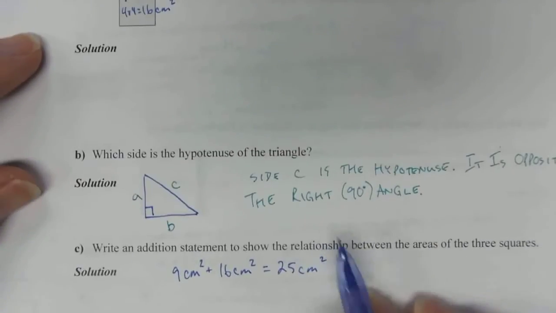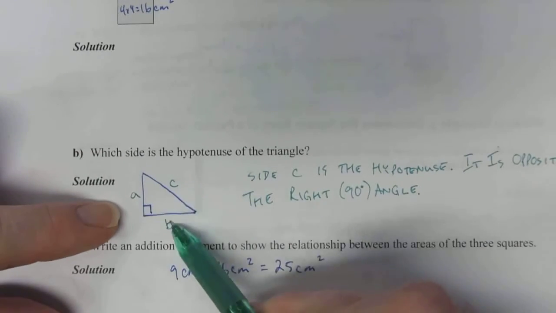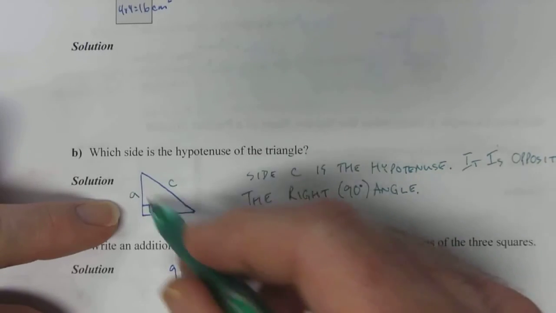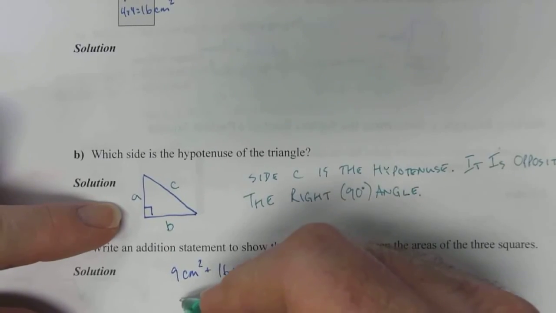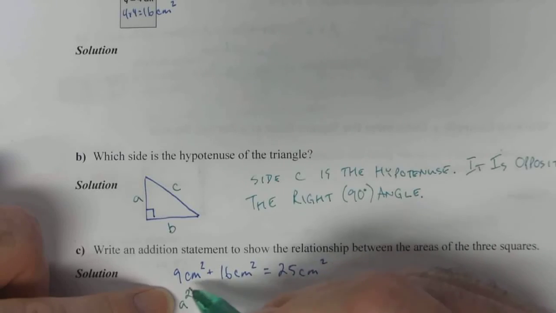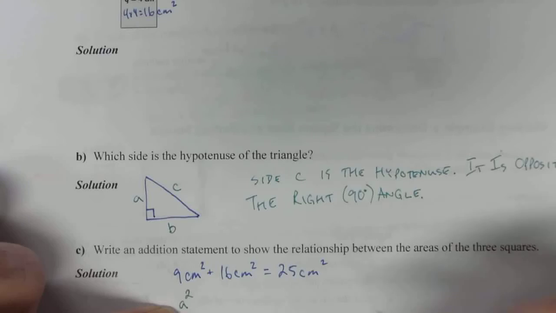Now if that's the case, and we labeled our triangle this way, A, B, and C, this 9 represents A squared, where A is the length of the leg.